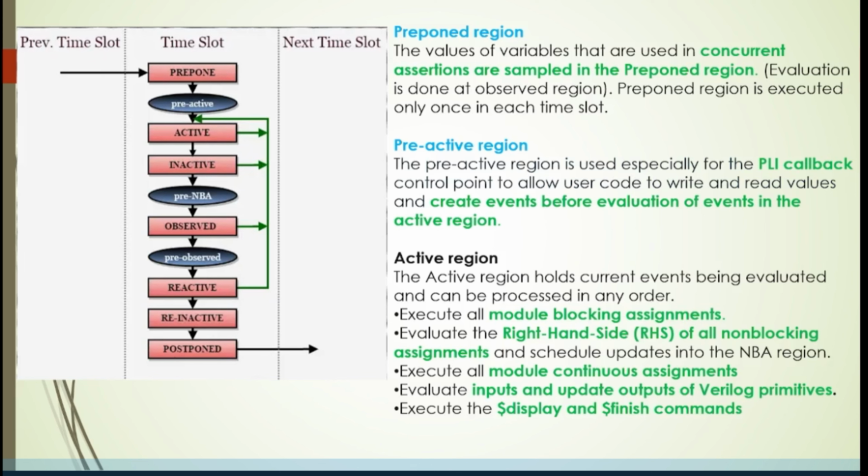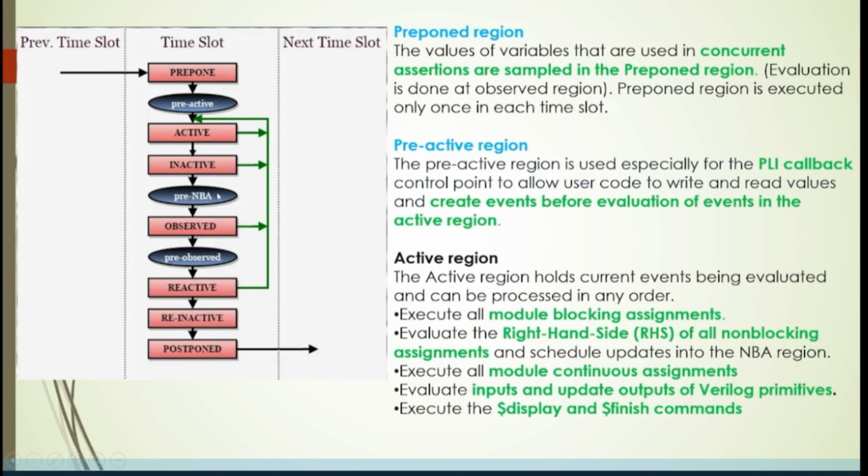These are the regions that you see in SystemVerilog. First is preponed, pre-active, active, inactive, pre-NBA, observed, pre-observed, reactive, re-inactive, postponed. If you count here, these are 10.